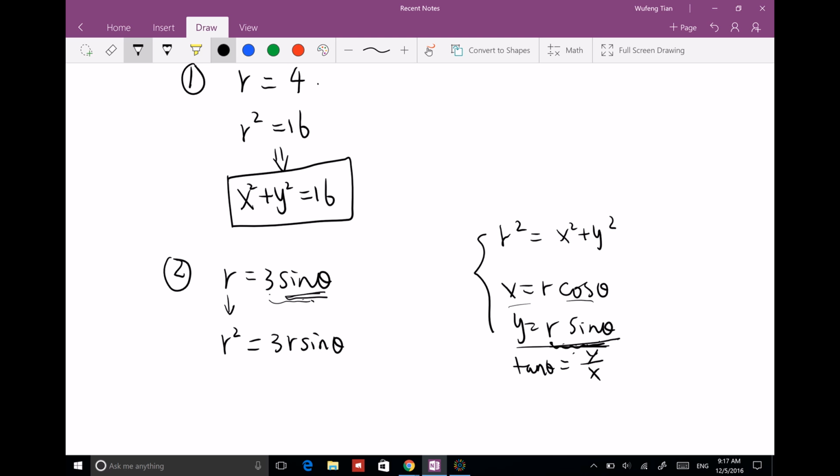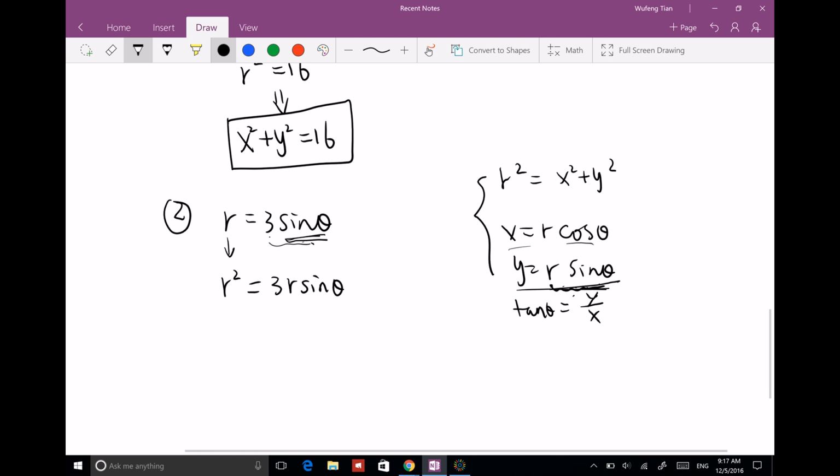Okay. Now, can I use the formula, Zhijian? You have r squared here, right? And 3r sine theta equals. So this is a polar equation.